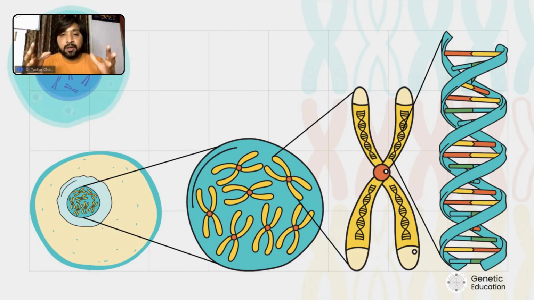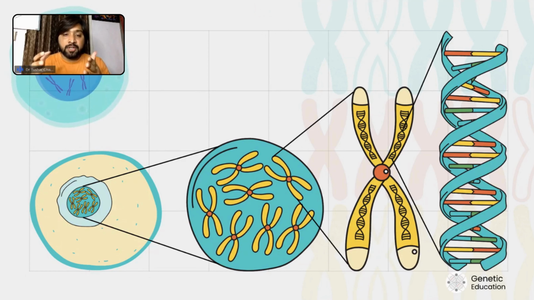DNA is packed in a way that it is accessible during some stages of the cell cycle for transcription and translation. Other than that, other DNA is very tightly packed on a chromosome so that it cannot allow any enzyme to participate in any DNA metabolic activity. Ultimately, it forms the thread-like structure that we know as the chromosome.